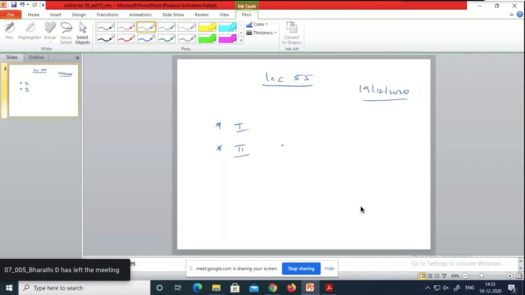The second law is that the rate of change of flux linking the coil decides the EMF. That means the induced EMF is directly proportional to the rate of change of the magnetic flux.